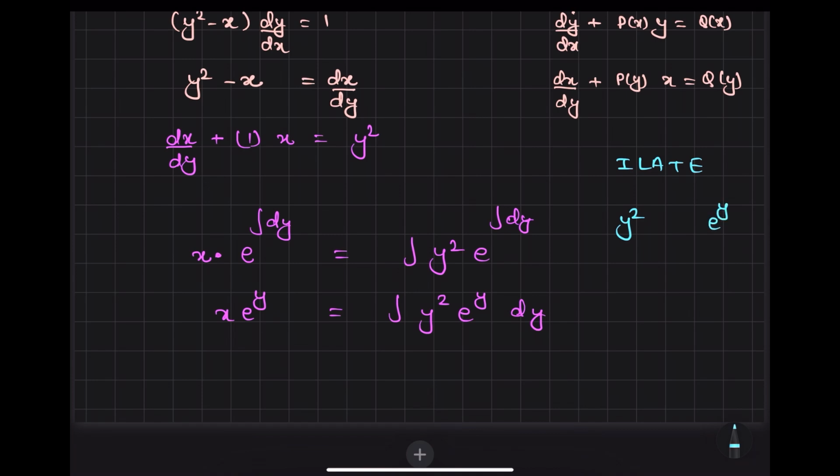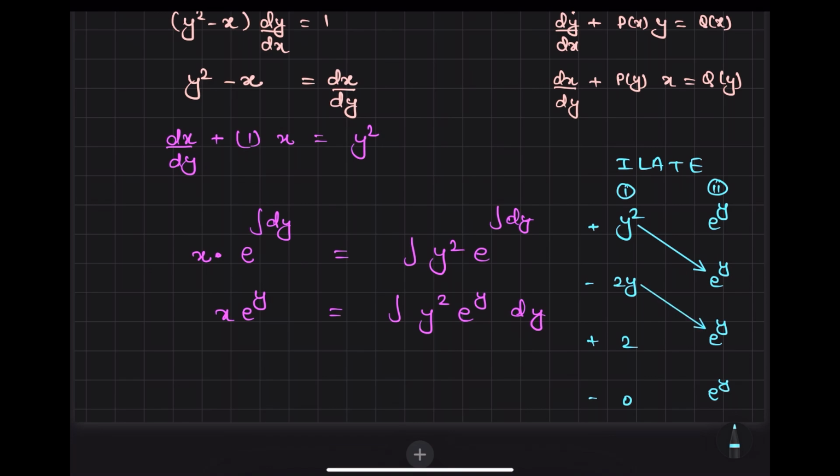Now we will differentiate the first function with respect to y and integrate the second function with respect to y. So we have 2y, then 2, then 0. Then e^y, e^y, e^y, with signs plus, minus, plus, minus.